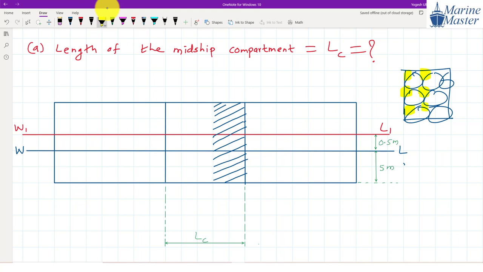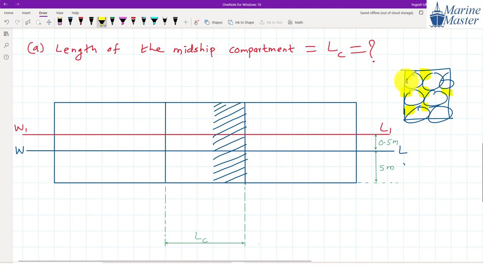So for the calculation purpose, we are assuming that whatever space is occupied by the cargo, we are shifting on one side, guys. So that means the vacant space is like this.